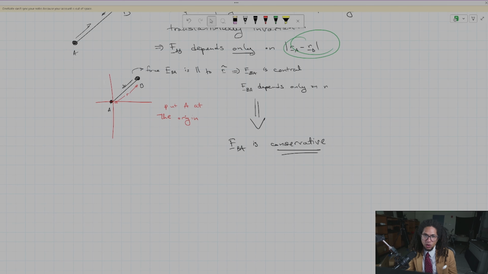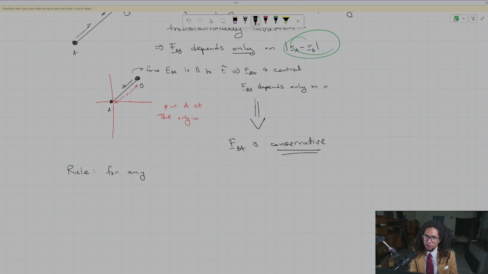Now, in this red coordinate system, I can find some potential energy. Then I can bring it back to any other coordinate system that I want. So here's a rule that comes from this.